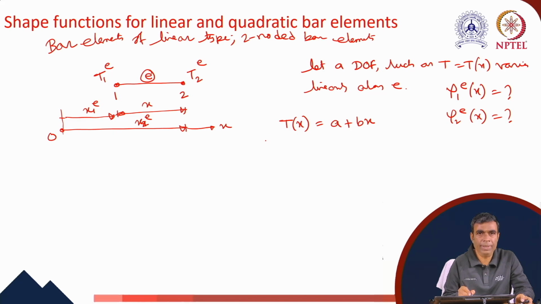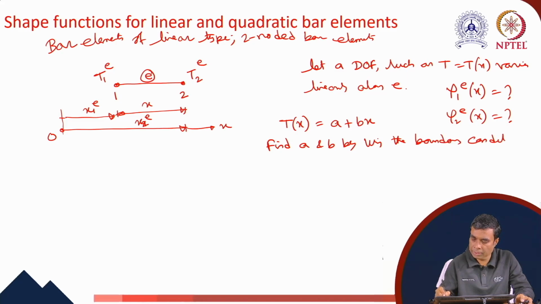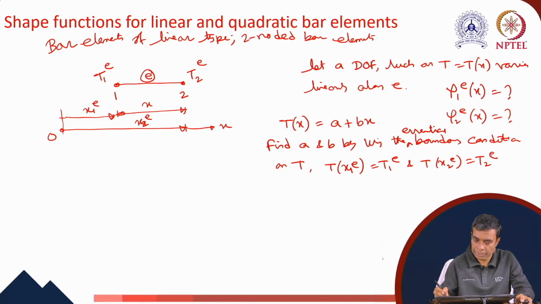So this T1e and T2e act as boundary conditions for finding the values of A and B. So find A and B by using the essential boundary conditions on temperature, that T at x1e equals T1e and T at x2e equals T2e.